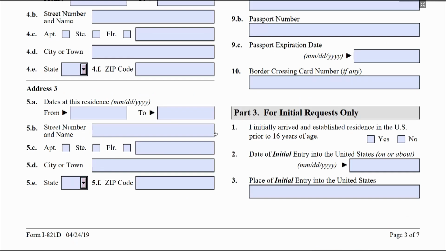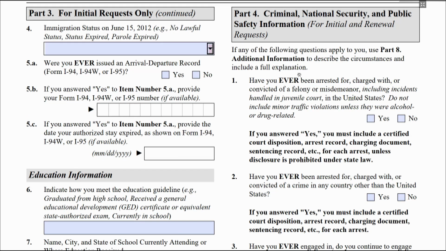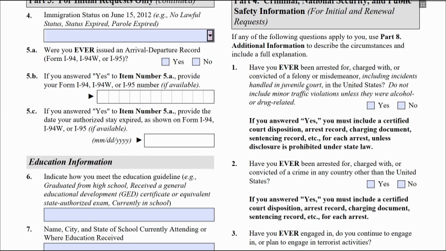The next part does apply to renewals, and although for most people the answer will be no to these, if there is a yes, you should definitely speak with an immigration attorney. So the first one asks, have you ever been arrested for, charged with, or convicted of a felony or misdemeanor in the US?